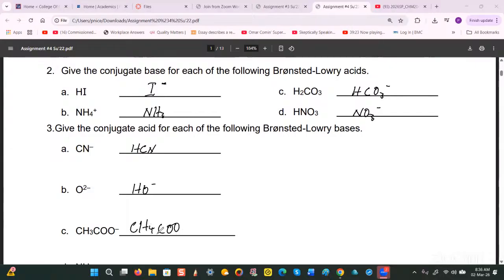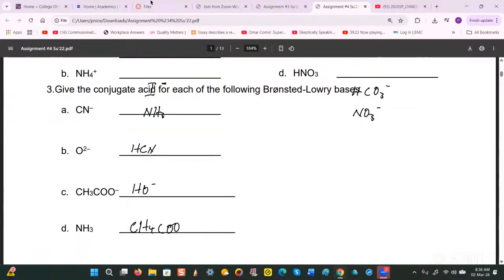Even though technically when it comes to organic acid, we put the hydrogen here, but I'll accept that for now. Oh, one more. What's the conjugate acid in the case of D? NH4 what? Plus, exactly. All right, very good.